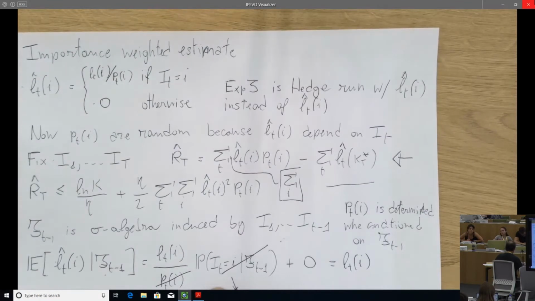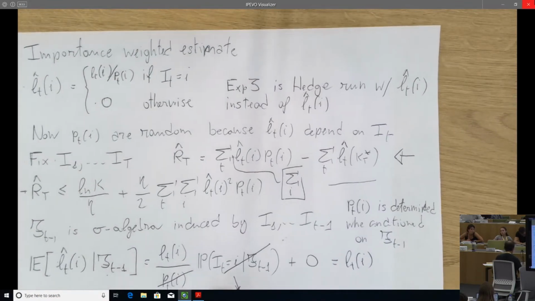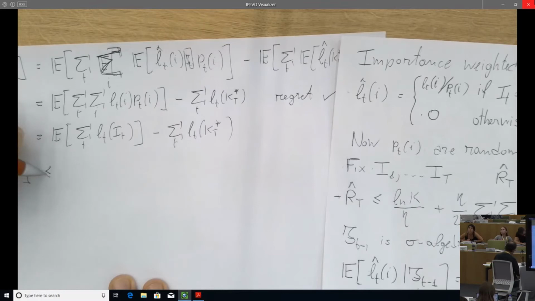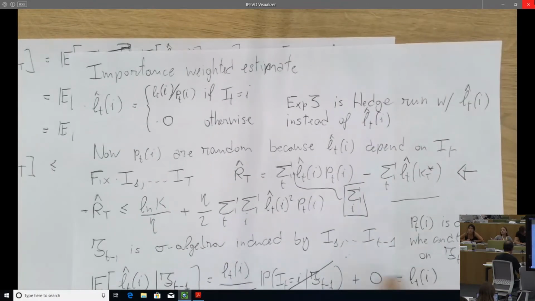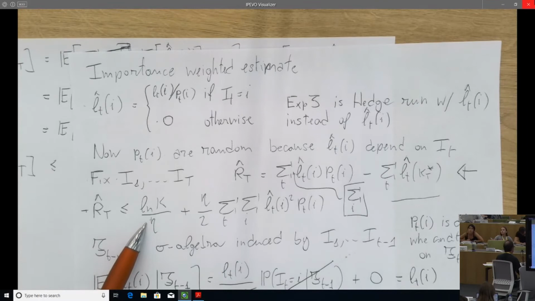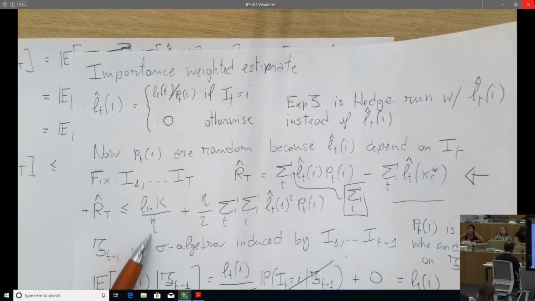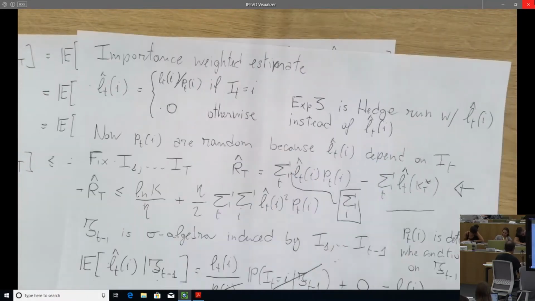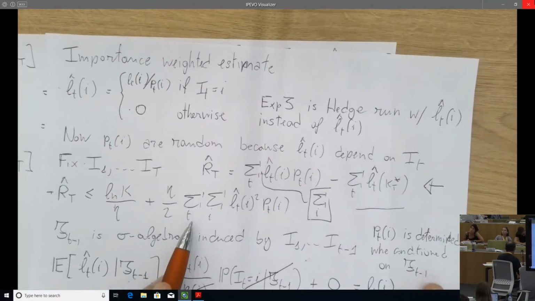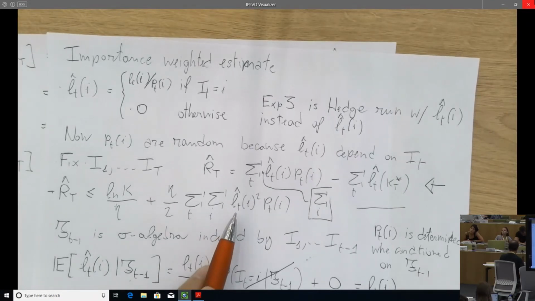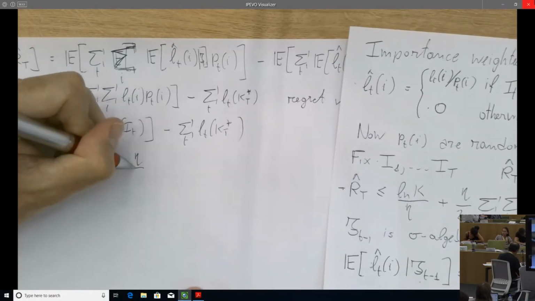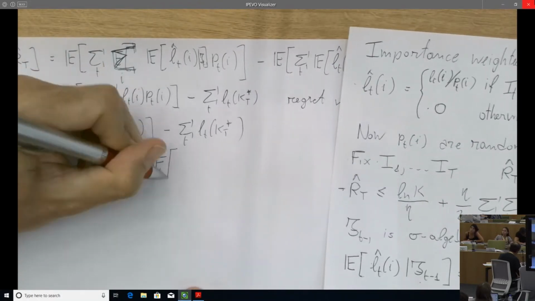We are now looking at the right hand side here. So now we can write E R hat T bigger or equal than, okay, I have two parts here. This part here is completely deterministic, so that's fine. I just write it. And now this other part over here contains L hats and P. Okay, so I write it in a proper way, and I'm almost done.